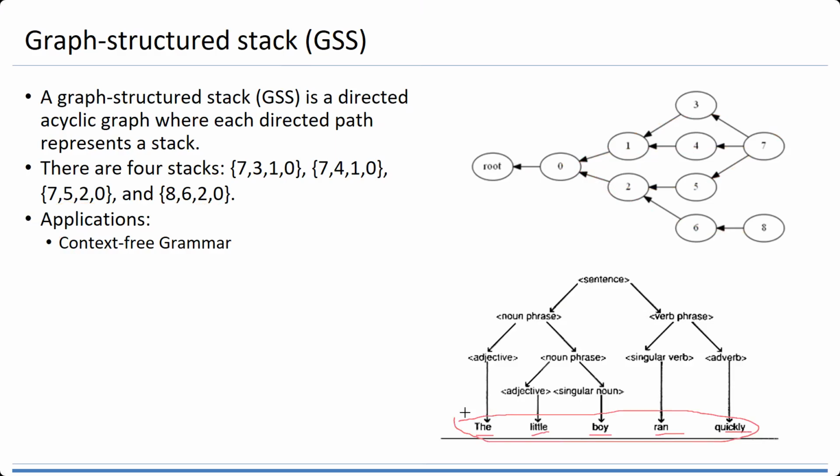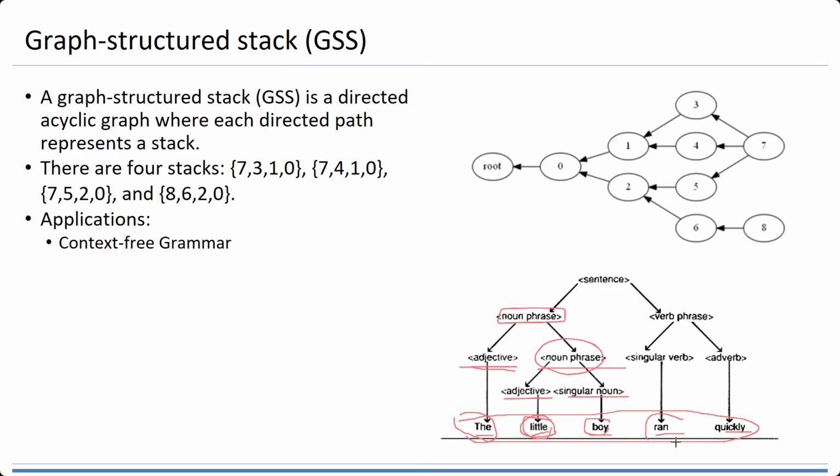Then it is adjective. Little, it is another adjective with a singular noun. So we want to combine this little boy as a noun. And then this adjective and this noun has been combined into another noun.